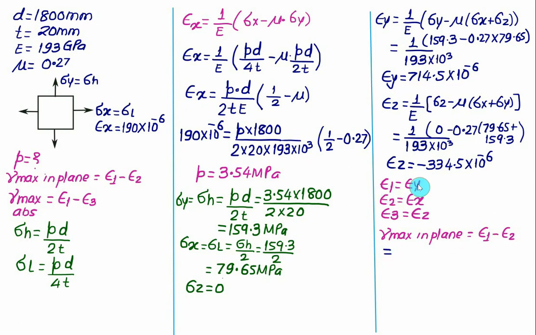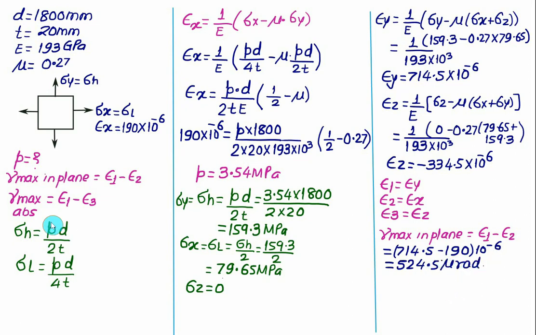Epsilon 1 is epsilon y, 714.5, minus epsilon 2, which is epsilon x equal to 190. 10 to the power minus 6 is common. So the maximum shear strain in plane is 524.5 into 10 to the power minus 6, in radian.